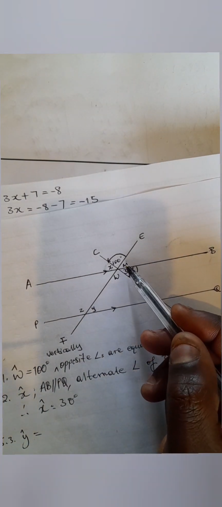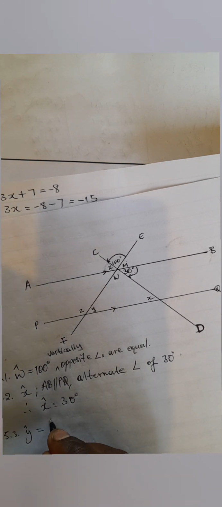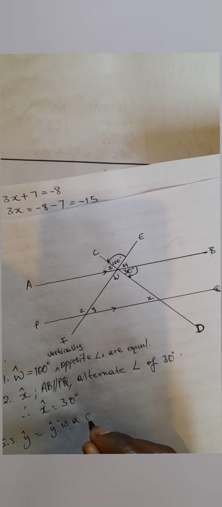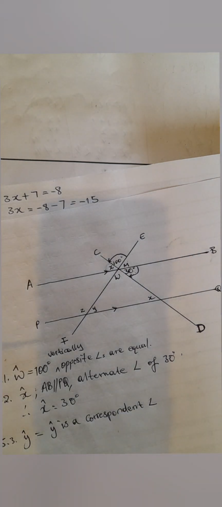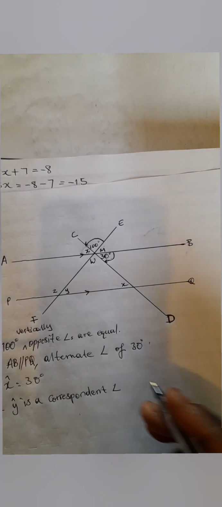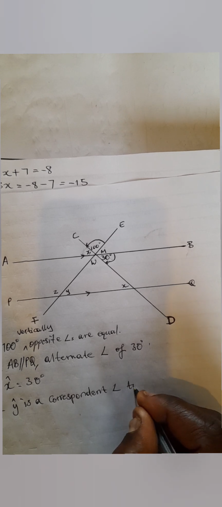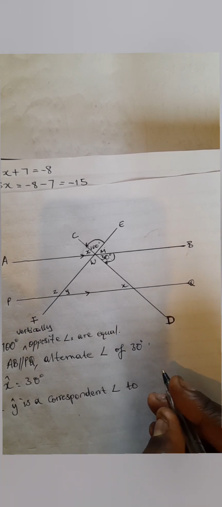So y equals M, right? But what is angle M? Okay, the reasons. Y is a corresponding angle to angle M.